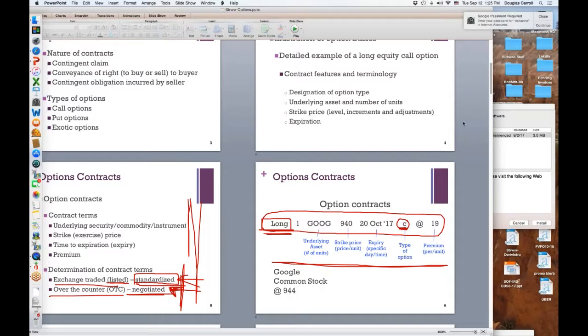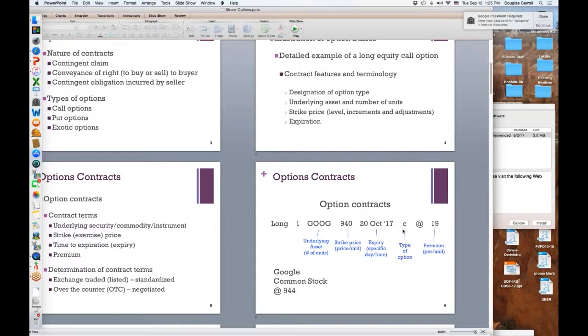So let's look at the call option that's illustrated on slide number 6 and shown on the screen currently. Aside from the type of option that the counterparties have agreed to trade, and we're looking at it from the buyer's perspective, one of the crucial elements is what related security or commodity the buyer or seller is trying to get exposure to.